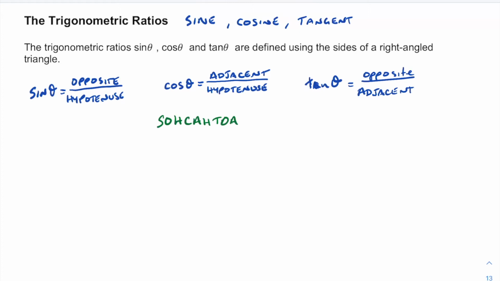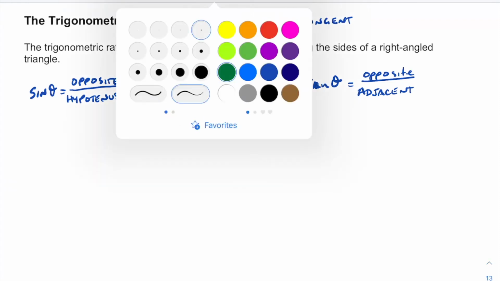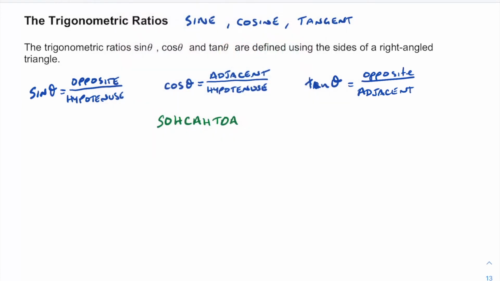Okay, SOHCAHTOA. Now, I know it sounds a little bit like the name of a volcano, but it's not. It's just the name of our trig ratios. And what it is comes from the abbreviations. So if we have sine theta here, it is O over H, or the SOH part of our word SOHCAHTOA.